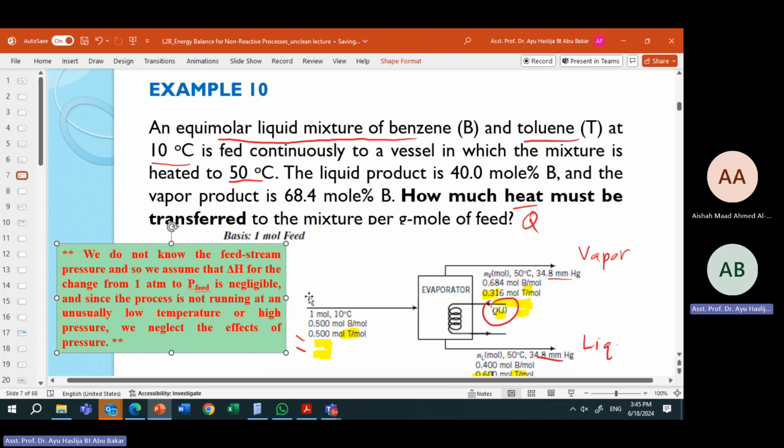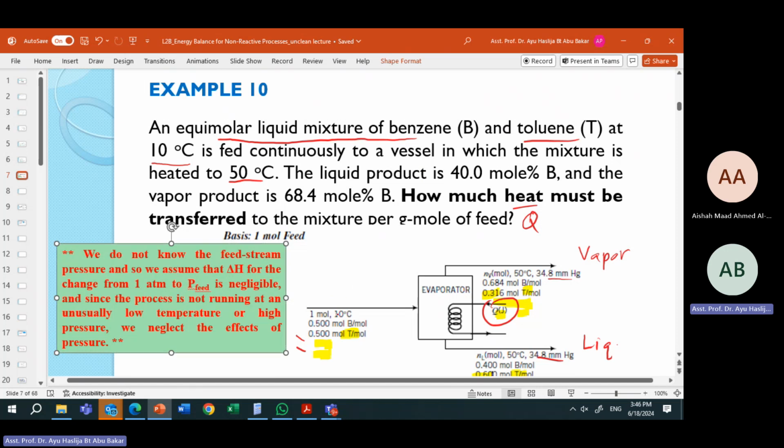Since we do not know the feed stream pressure, the inlet pressure is not provided, we assume that delta H for the change from 1 atm to P feed is negligible. How can you assume it is negligible? Since the process is not running at an unusually low temperature or high pressure.